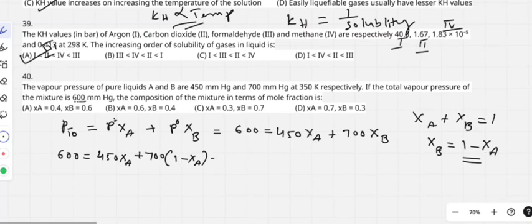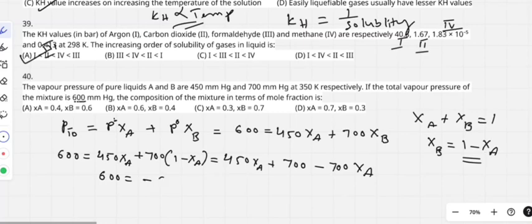Simplify this, you get 450 XA plus 700 minus 700 XA. Here 600 is equal to 450 XA minus 700 XA plus 700.